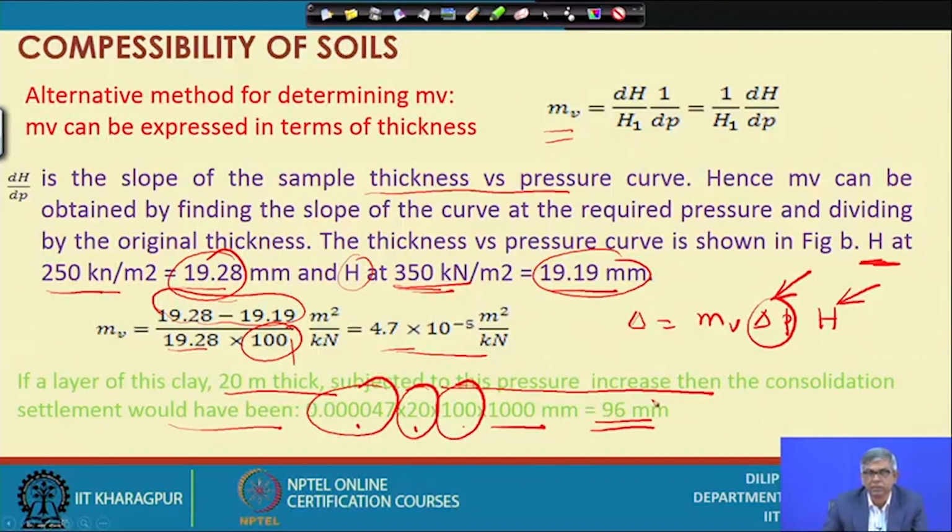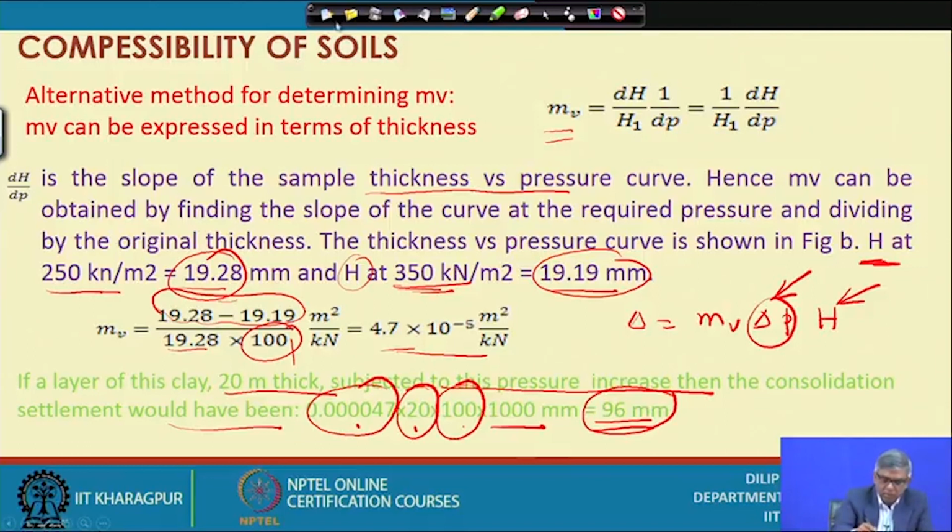So, that means for a 20 meter thick layer with this mv value, if you apply the load in such a way that in the middle of the clay layer the pressure increase is 100 kPa, then the expected consolidation settlement is 96 millimeters. So, this is the simple expression. When mv is known, calculation of settlement is very simple: mv multiplied by pressure increase multiplied by total thickness.